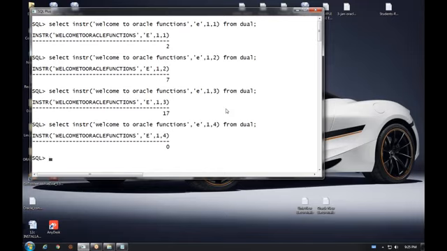Next one, from the ending, what is the first position of E? See, -1 means all occurrences are not required. We will find out only one occurrence at a time. So from the ending, what is the first occurrence?